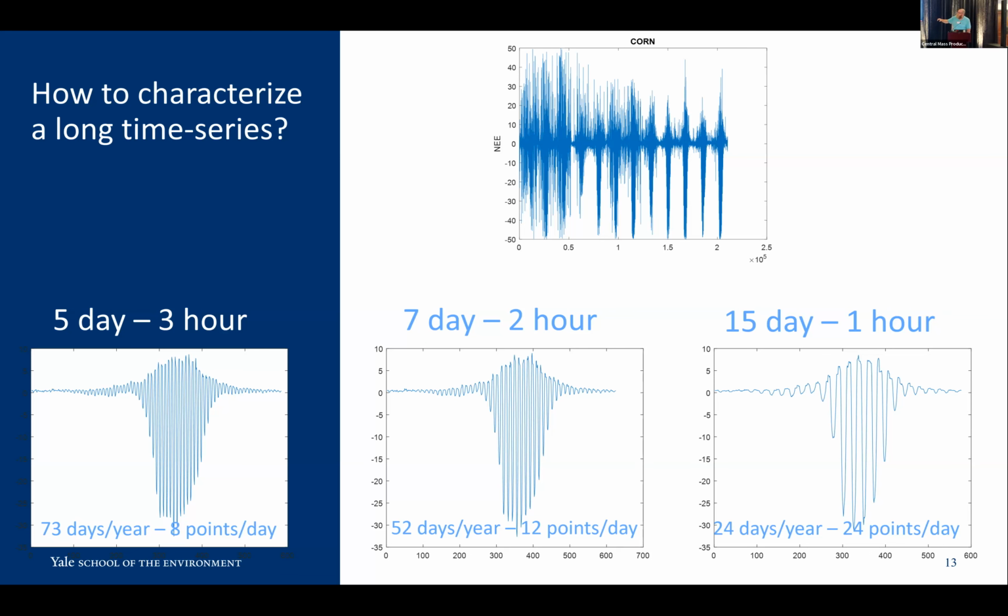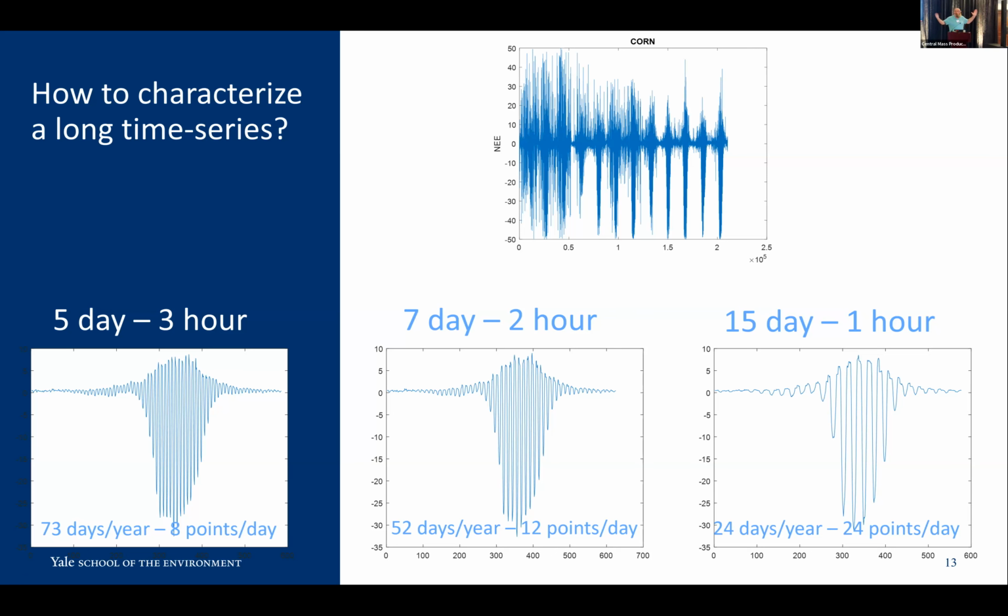On the far left, we have 5-day windows, and within each one of those representative days, we have 3-hour data points, and then a 1-week window across that year with more daily temporal resolution, and finally a larger window of time with less daily resolution.